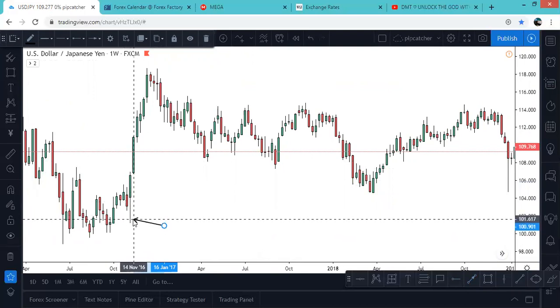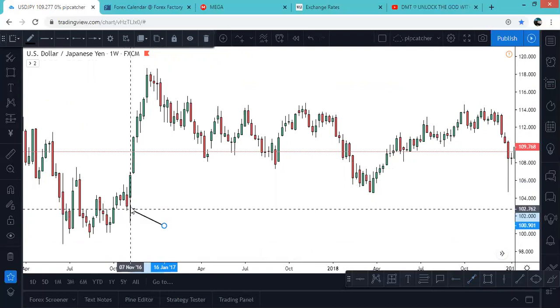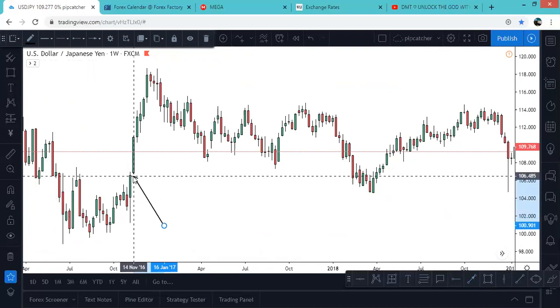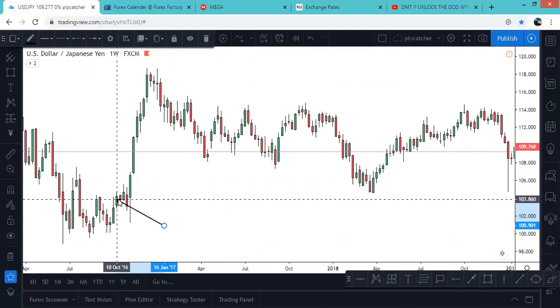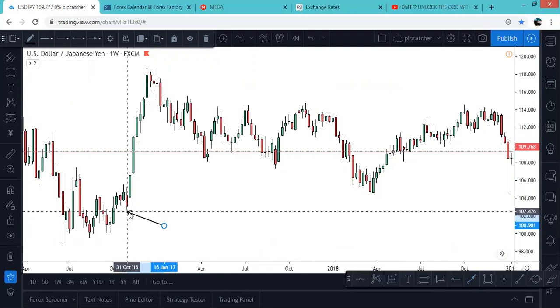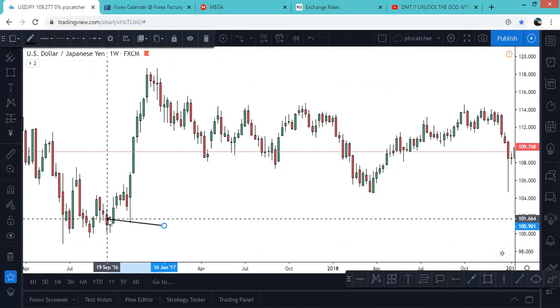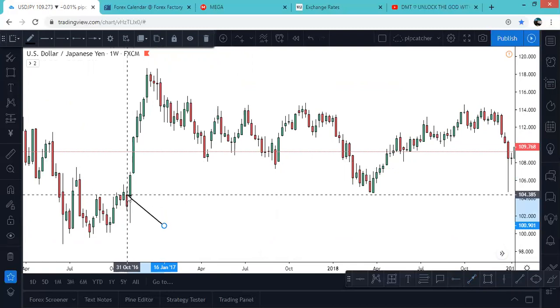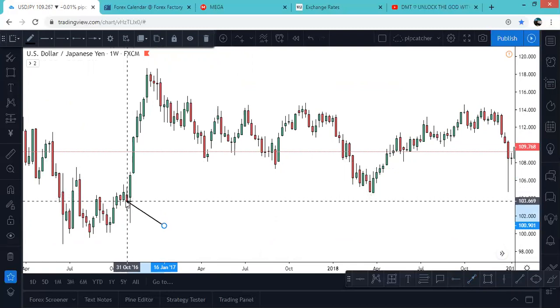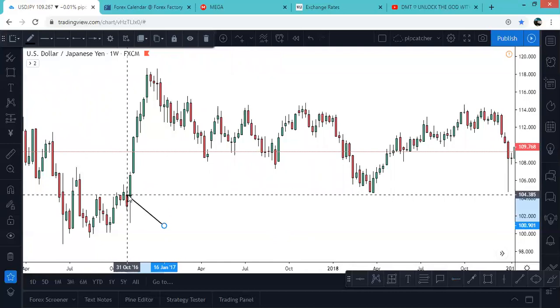Could have got an entry actually right there. But then it closed all the way up here, engulfing 1, 2, 3, 4 weeks, you could say, of candles. So could have got your entry right here actually, but would just go with right here.